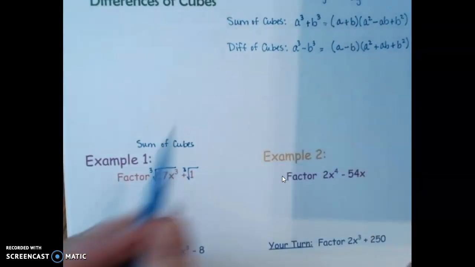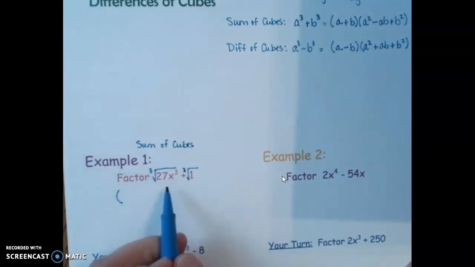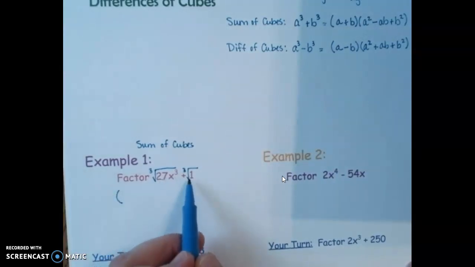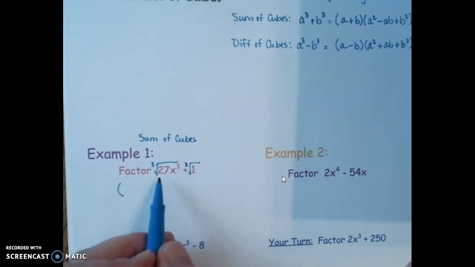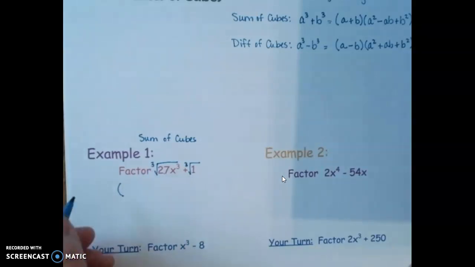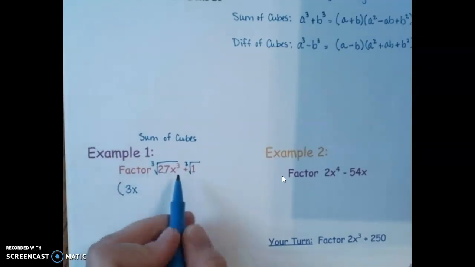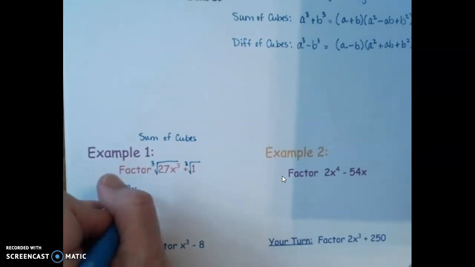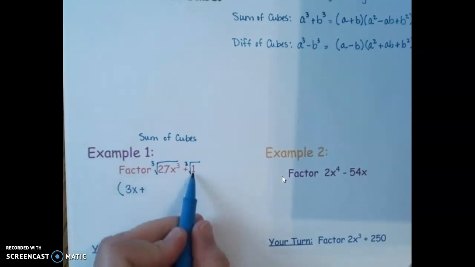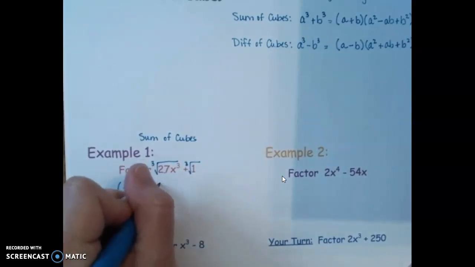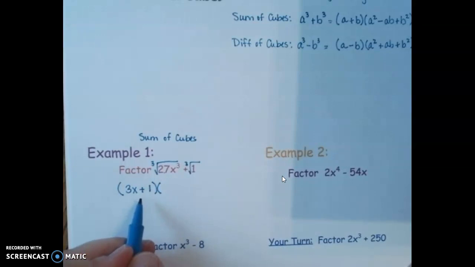So we're going to create our binomial. Your binomial is created by taking the cube root of each term. So the cube root of 27, you're asking yourself what number times itself 3 times gives us 27. That's going to be 3. The cube root of x to the third is x. Remember, you keep the same sign, and then the cube root of 1 will be 1.